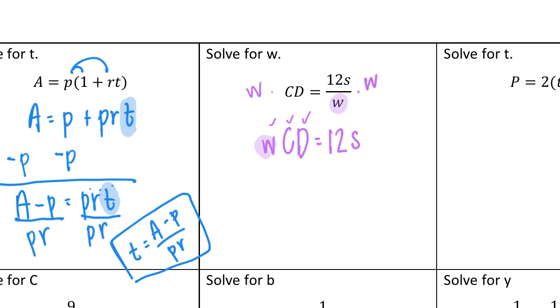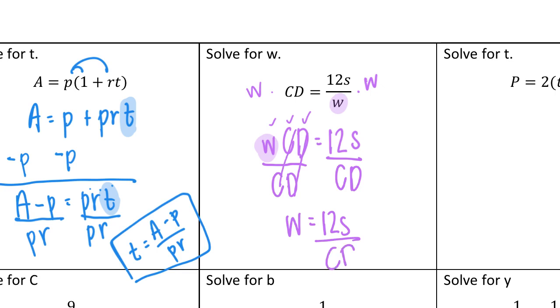We need to get the W all by itself. They're all being multiplied currently, so we need to divide by the C and the D in order to isolate the W. You can do that all at the same time, like divide by C and D at the same time. You don't have to do it in separate steps.